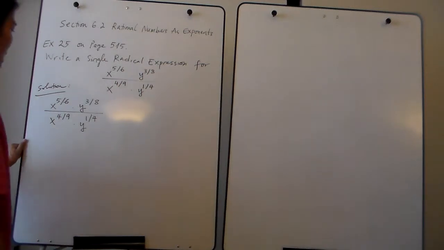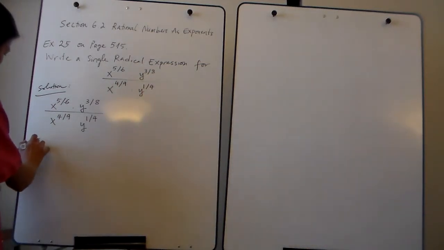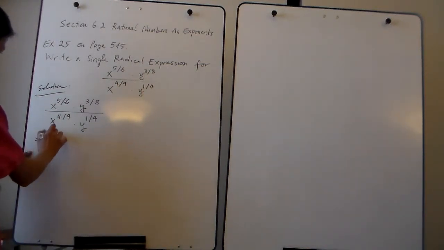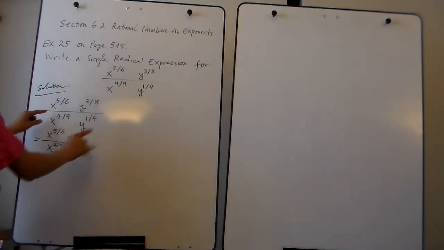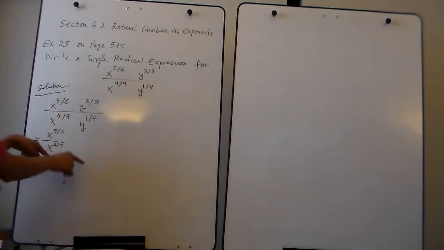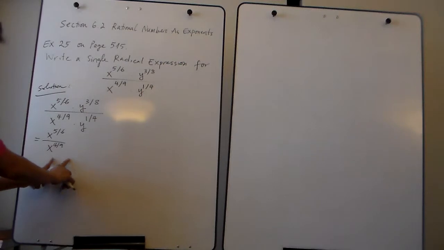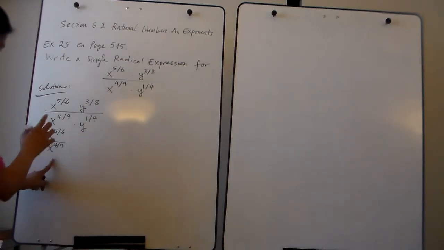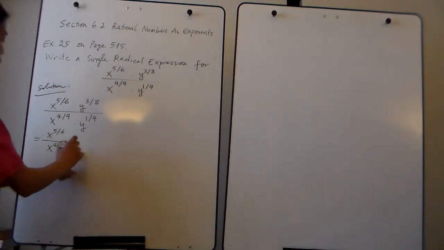Now I can rewrite this as x raised to 5/6 over x raised to 4/9. My goal is to group all the x together as one quotient, times another quotient that groups all the y together.